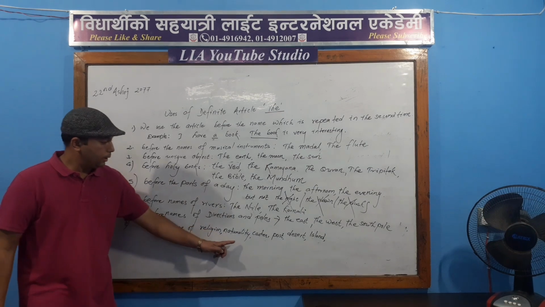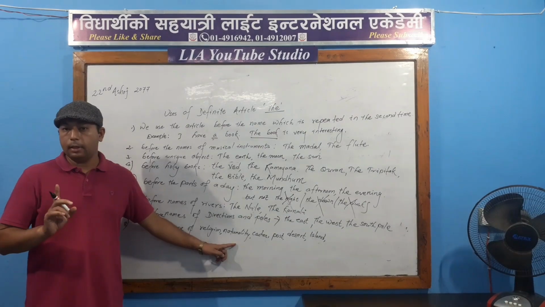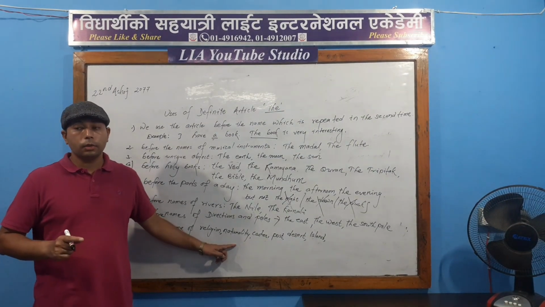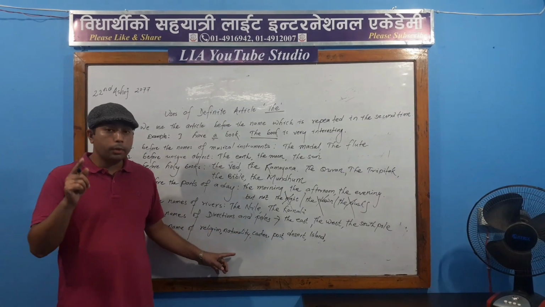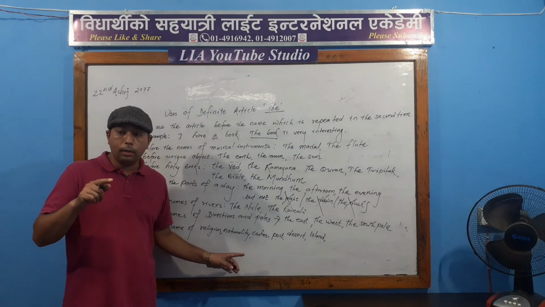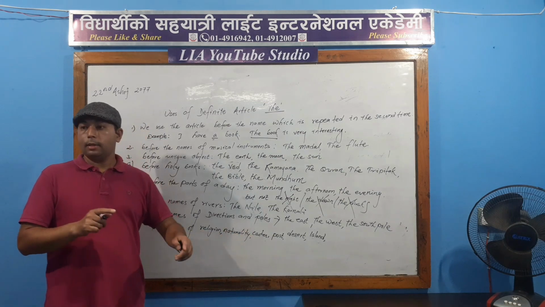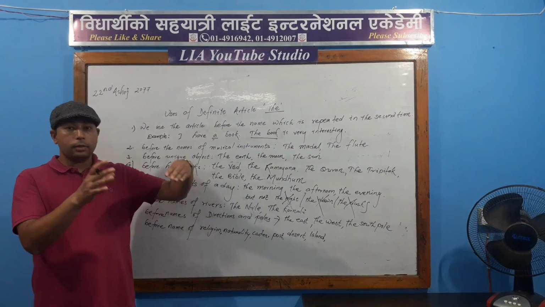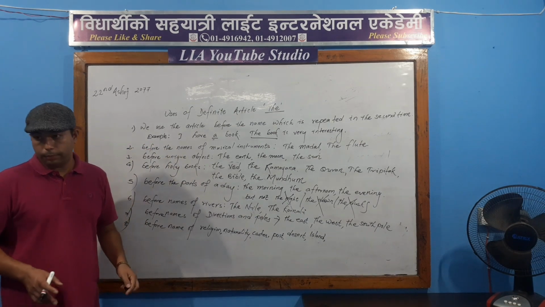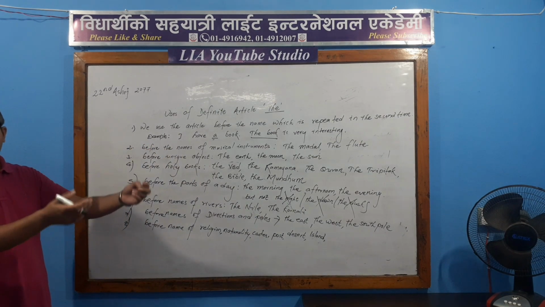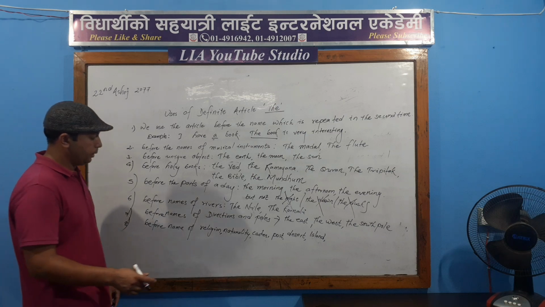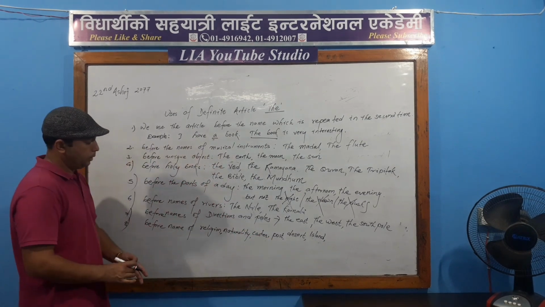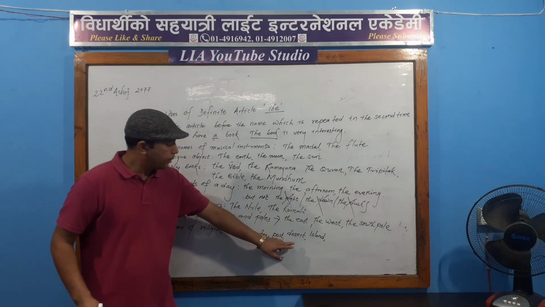Nationality, the Nepalese. Nepal is a proper noun. We never use the article before a proper noun unless it modifies some class or group or is compared to another one. So I am not writing this name. Okay.